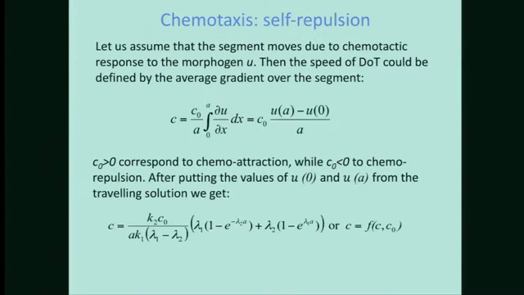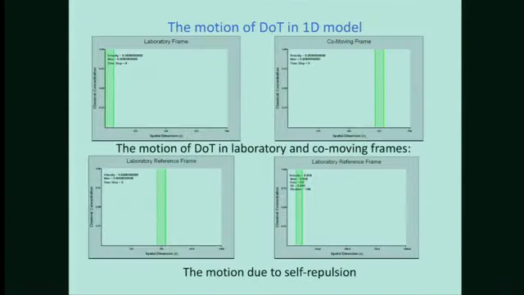Speed is some expression divided by size. So if size is increasing, then speed will reduce. Therefore, in an infinite medium, we can't have motion of this group of cells if there are chemotactically reacting cells outside. Or we can put it a different way: if this group of cells is increasing in size, then it should slow down.